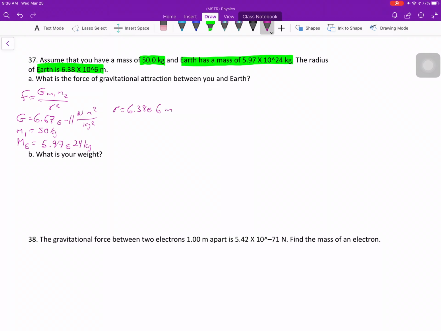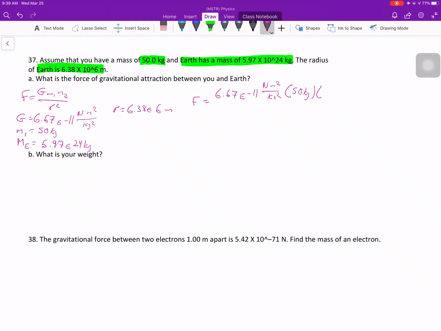So that being said, once we have that information, now it's simply a plug-in formula. F equals G, 6.67 times 10 to the negative 11th newton meters squared per kilograms squared. Mass 1 is 50 kilograms.